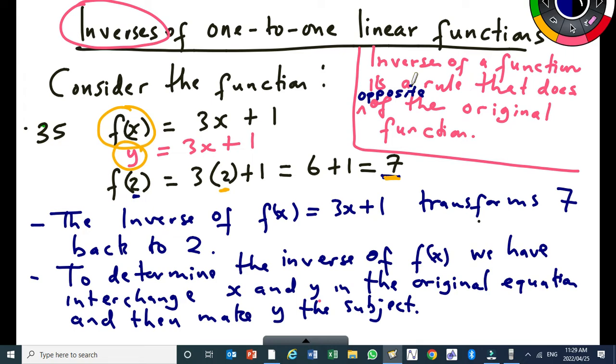Quickly, please. Copy down the heading and then the simple definition of an inverse function.